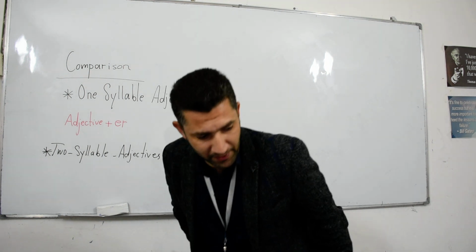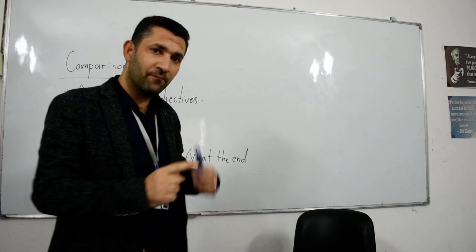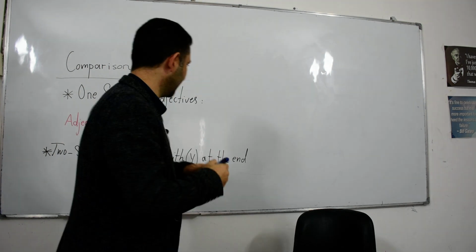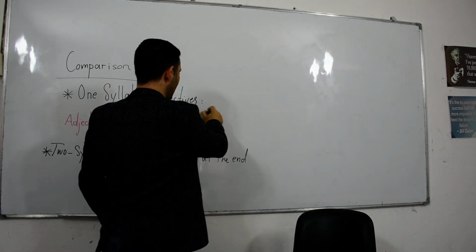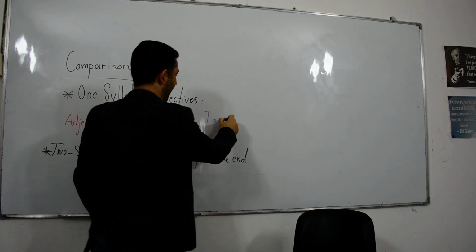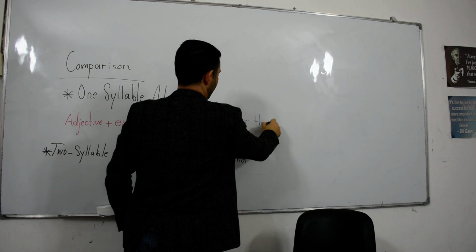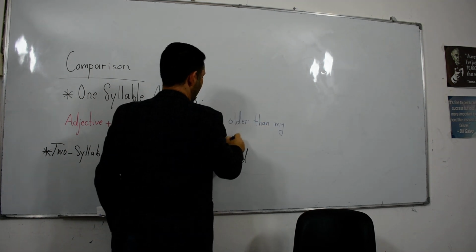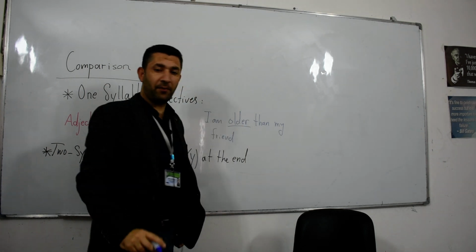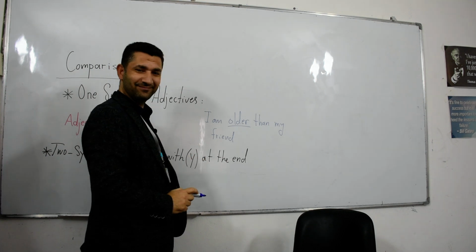So let's together now try to write some examples on the board so you may make use of that. Let's check this example together. Now, I am older than my friend. Now the comparative degree is older, er.